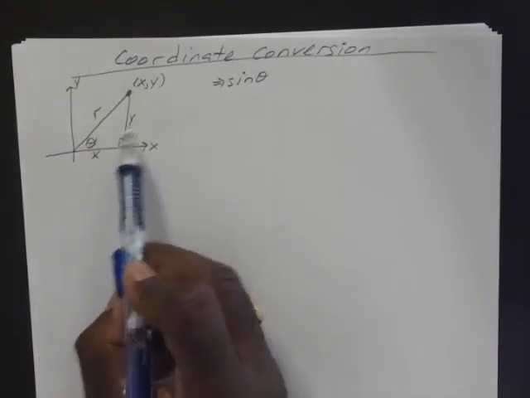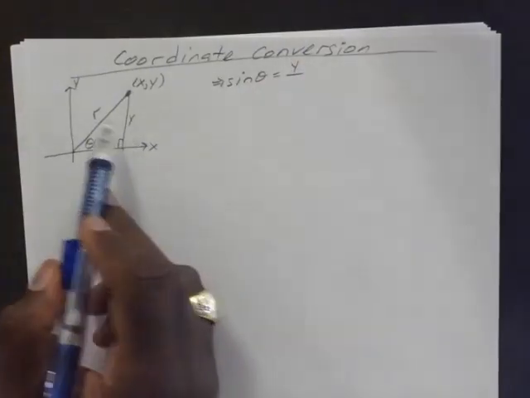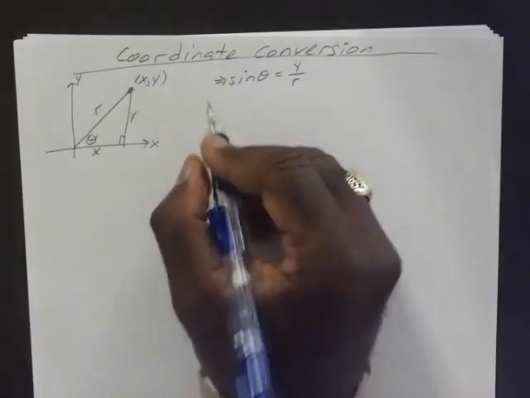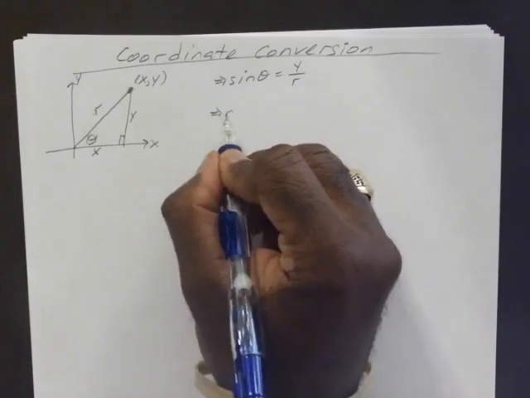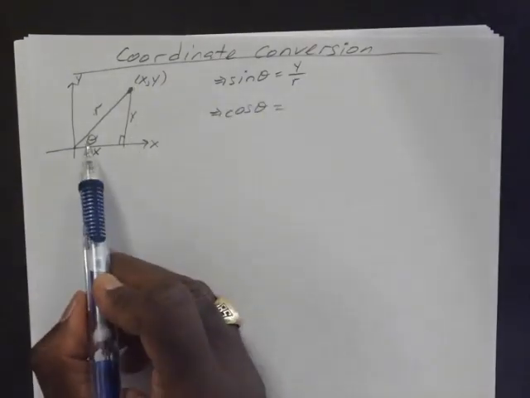Well, from this angle, the opposite is y, and the hypotenuse is the radius. If we look at cosine, we know that's adjacent over hypotenuse.